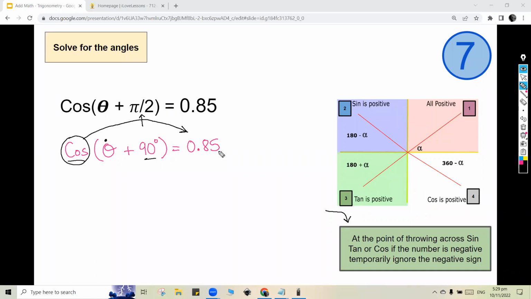So he has no negative sign to ignore. Now, at the point of throwing it across, we have to make a decision of what type of question it is. This is a positive question involving cosine. Which two regions are we going to be paying attention to? Because we're at the point in the question where we have to make that decision. Where is cosine positive?